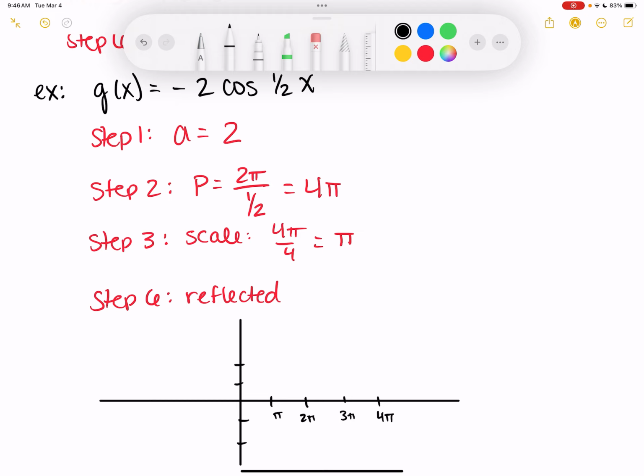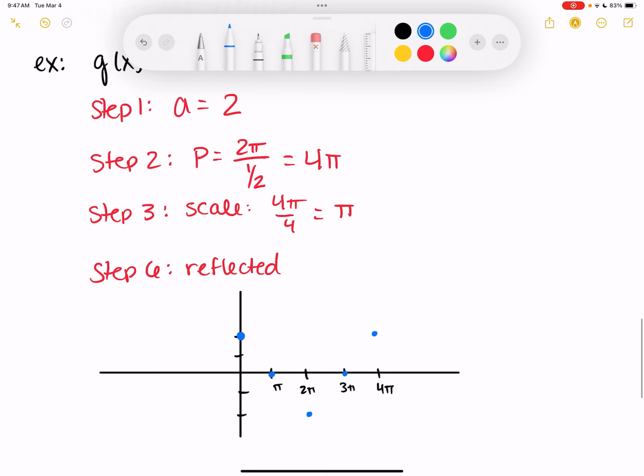So, where does the cosine graph start? Cosine starts at your amplitude. So it starts up here and it goes down. So at pi it's 0, at 2 pi it's -2, at 3 pi it's 0, and at 4 pi we're at 2. When you do this graph, it doesn't keep going up, so I'm going to round it off.